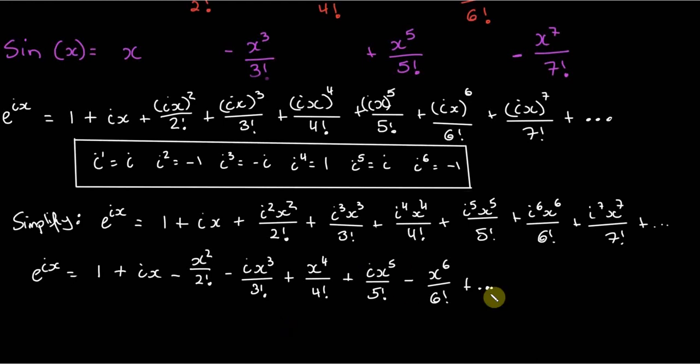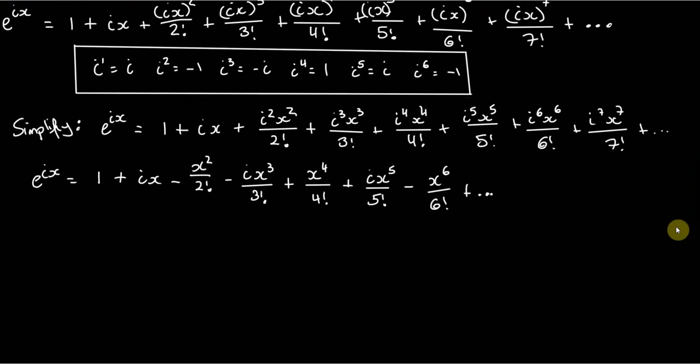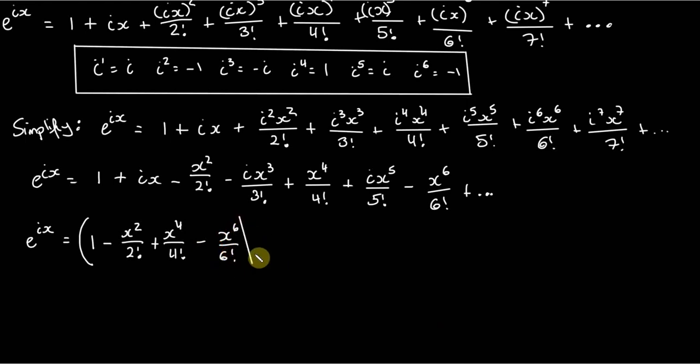Now if that doesn't make any sense, you think of it as we're factoring out the real terms and the imaginary terms, we're separating them, wherein it will look something like this: e raised to the power of i times x equals 1, and actually I'm going to write it this way, put it in brackets, 1 minus, for all the real terms, so it would be 1 minus x squared over 2 factorial plus x raised to the power 4 over 4 factorial minus x to the power of 6 over 6 factorial, right? These are all the real terms in this series.